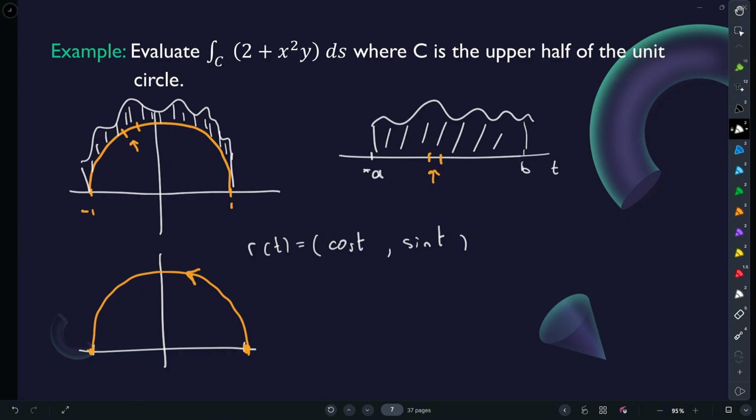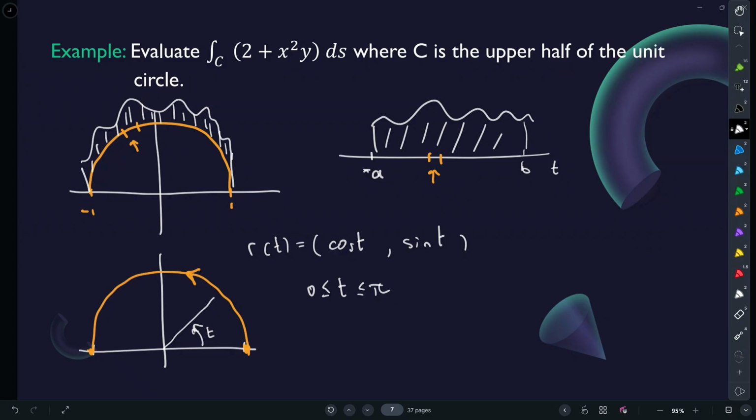And then I want to go all the way to -1, 0. So the t's here are actually parameterizing angles. So from here to here, time t is the angle that I have done in radians. So I have to go all the way to pi. Okay? All right. So that is r of t.